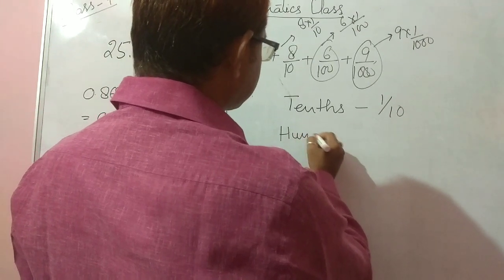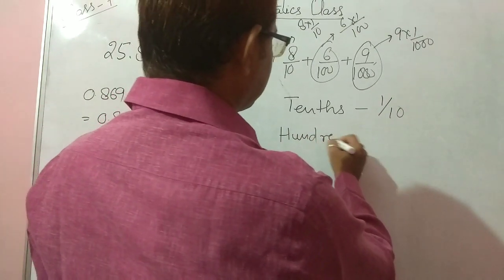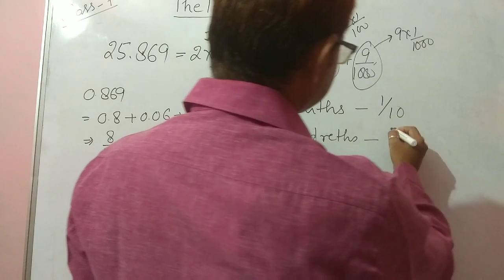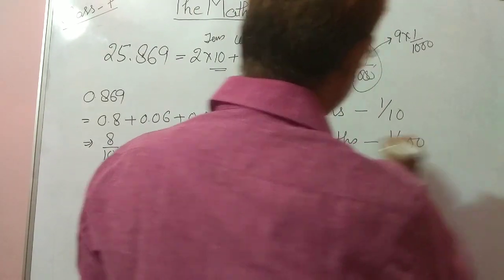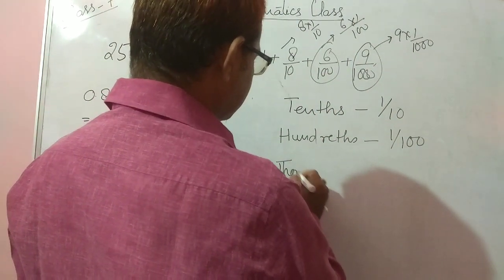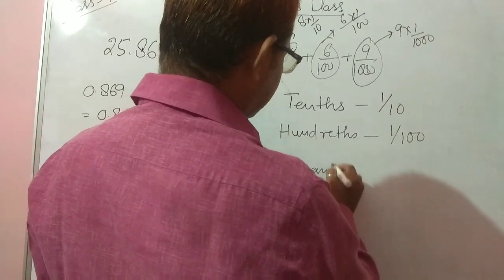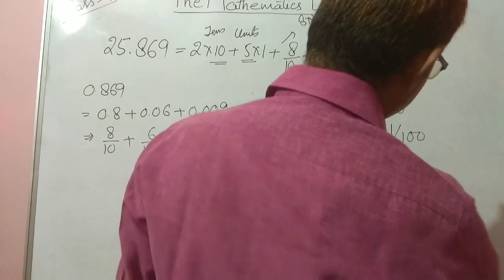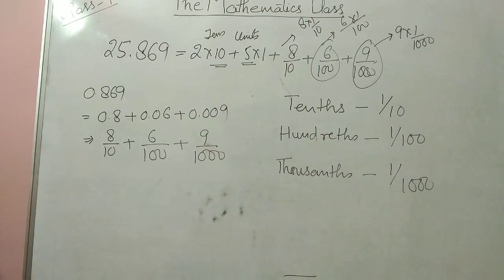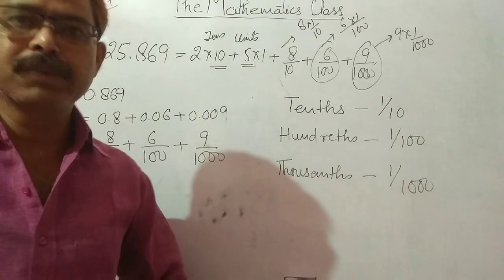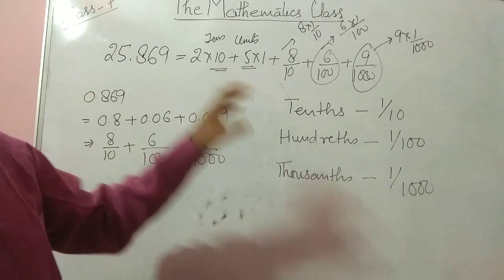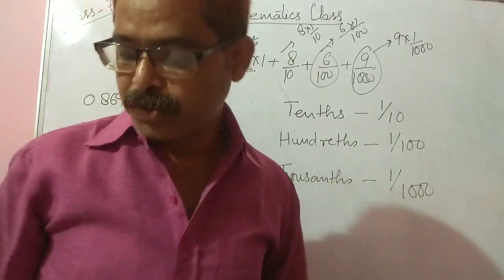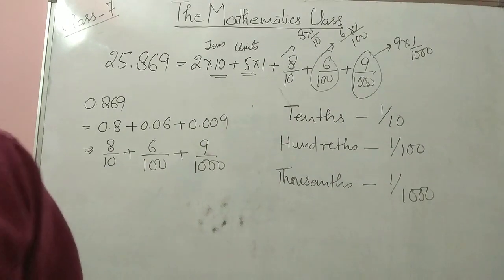Similarly, hundredths is considered as 1 upon 100. Thousandths is considered as 1 upon 1000. So if you are asked to break a number and write it in this form, how are you going to do it? Let's take one more example.